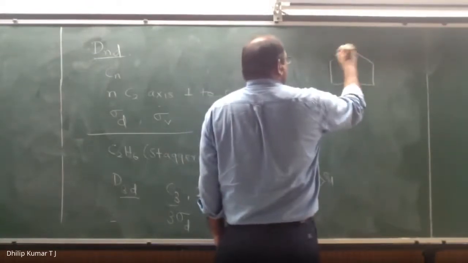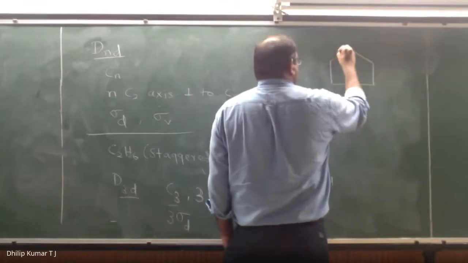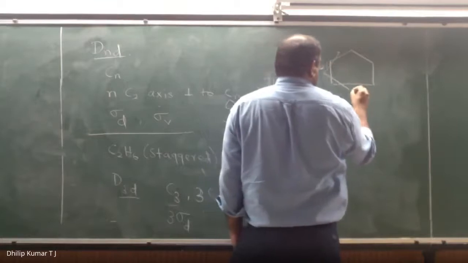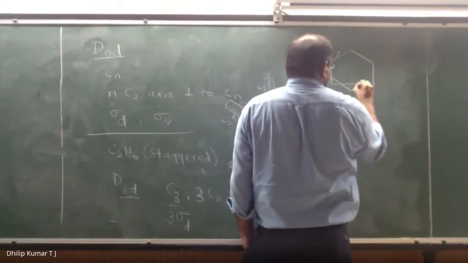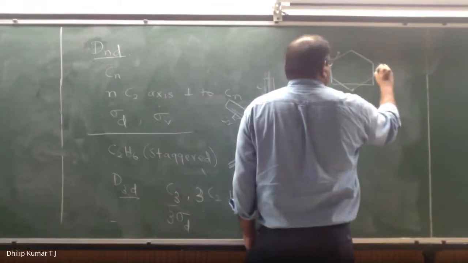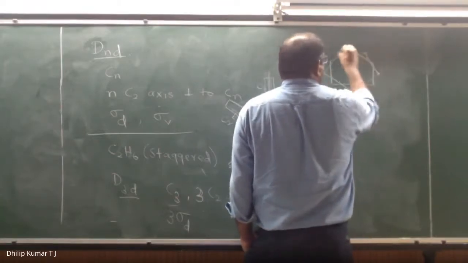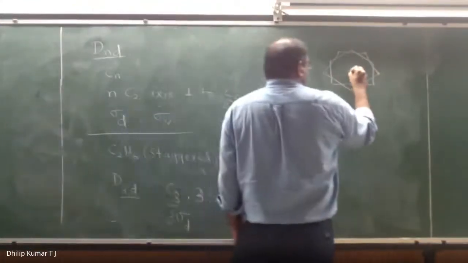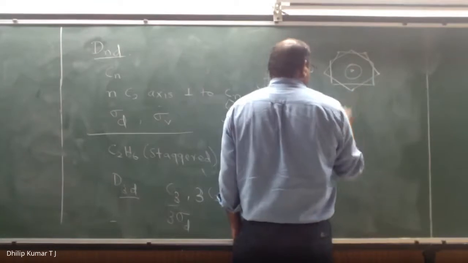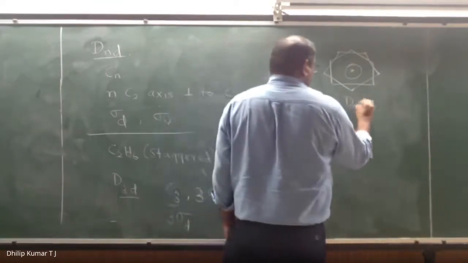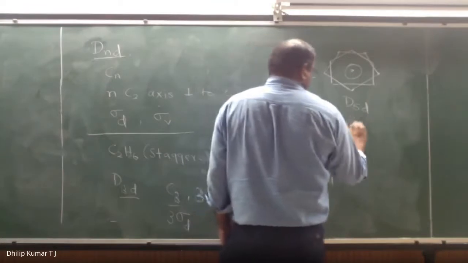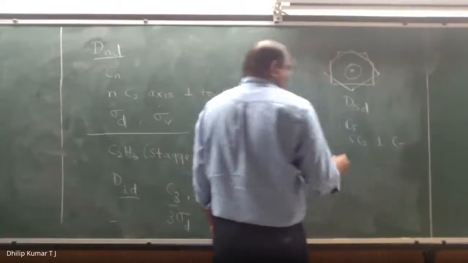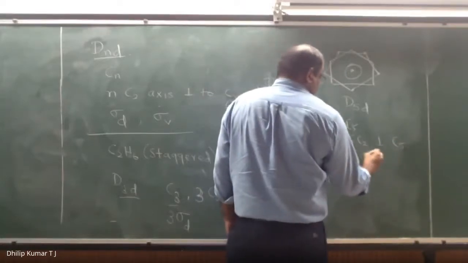So you just start from the central point and go all the way here. So it will be very highly symmetric. So this is ferrocene staggered. This is D5d. It has C5, 5 times C2 perpendicular to C5, and then 5 times sigma d will be there.